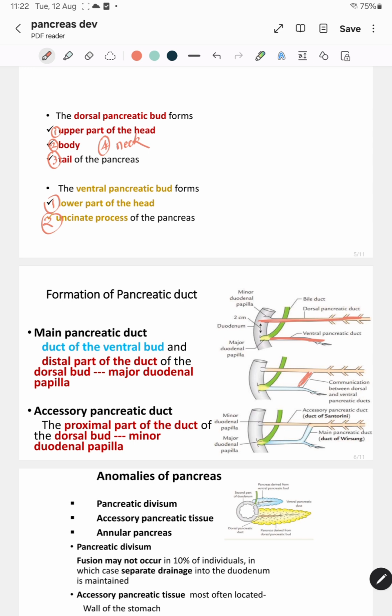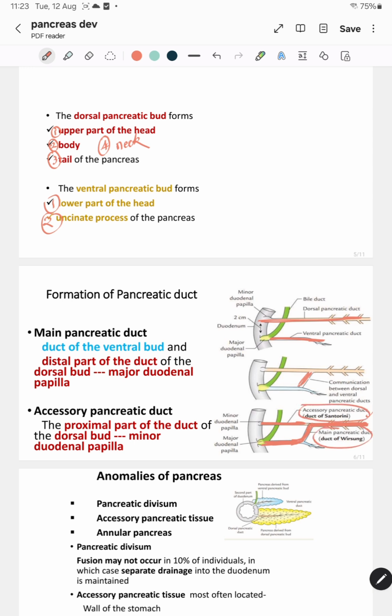Due to this communication, the ventral pancreatic duct and the distal part of the dorsal pancreatic duct will form the main pancreatic duct, and the proximal part of the dorsal pancreatic duct will form the accessory pancreatic duct of Santorini.